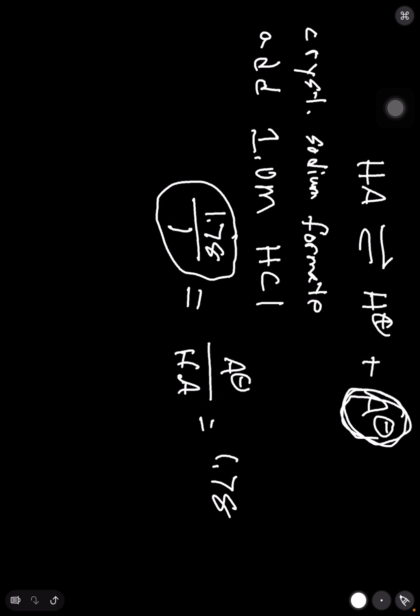So we have 1.78 mole of A minus, 1 mole of HA. So overall, you have 2.78 moles of stuff that contains formate or the protonated version of formic acid. All right, so that's what I'm going to start off assuming.